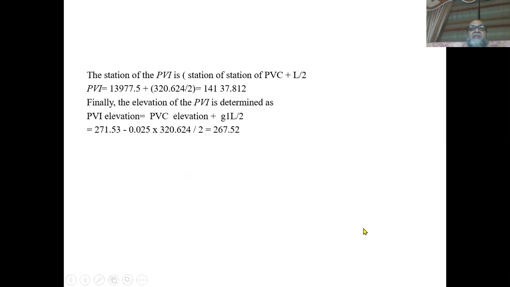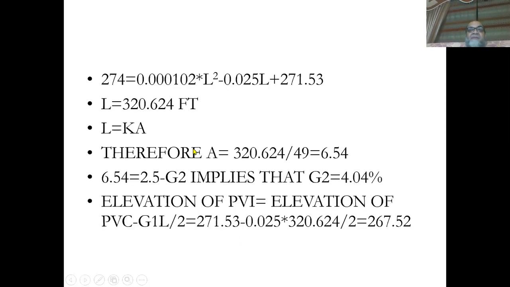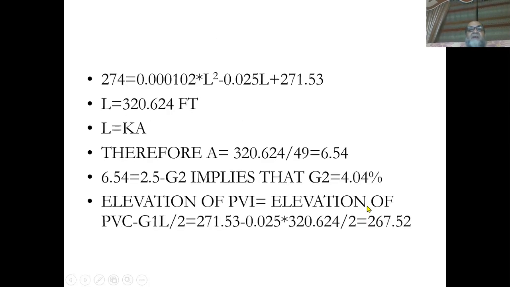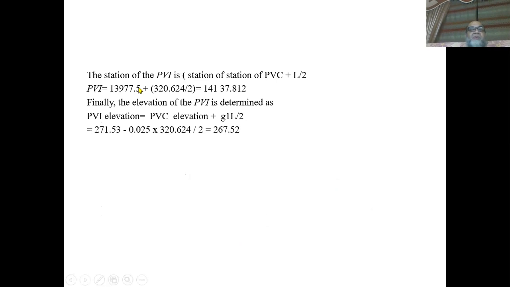And obviously, the second part says that we need to find the station, simply the station of PVC plus L by 2, and that's 139,775. We already calculated here the station of PVC. So we are going to put it here, and we'll find the station of PVI, and last but not least, we'll find the elevation of PVI.